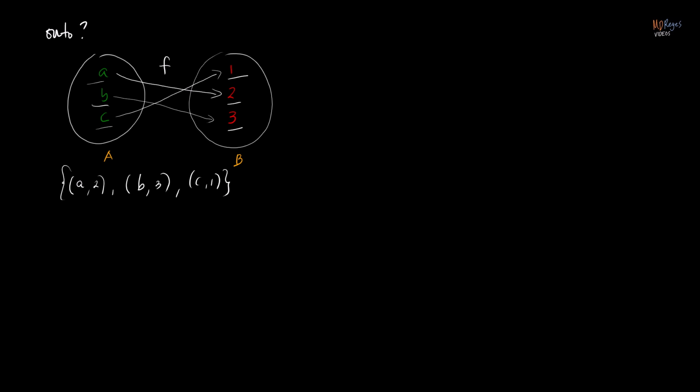Again, each element of A goes to exactly one element of B. That's why the function f is one-to-one.